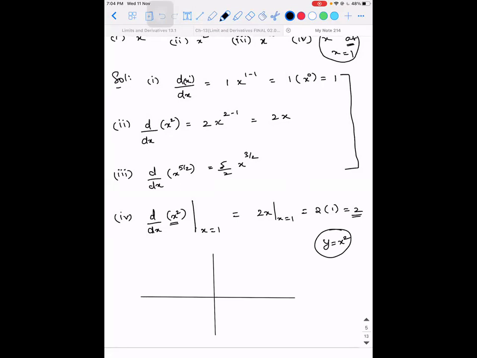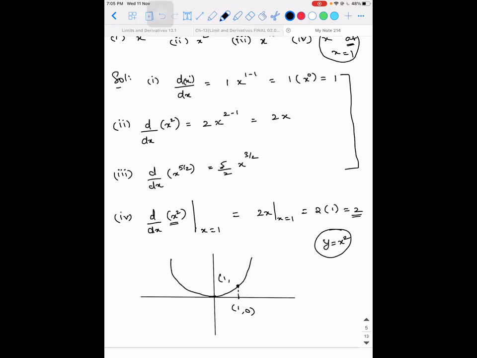It's an upward parabola. So y is equal to x square is an upward parabola like this. What is the point they've given? X is equal to 1. So x is equal to 1 is somewhere over here. I'm randomly taking. So 1 comma 0. When I draw a line perpendicular, I will be able to find a point on the curve. What will the point on the curve be?